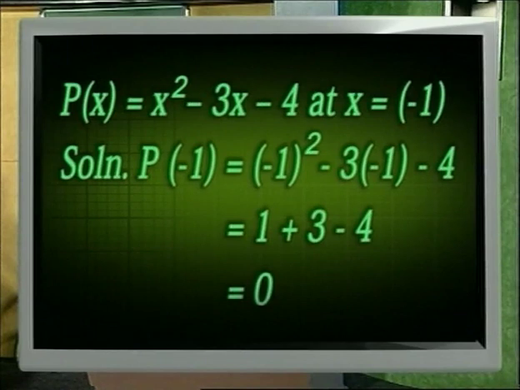p(minus 1) is equal to (minus 1) whole square minus 3(minus 1) minus 4 equals 1 plus 3 minus 4 equals 0.